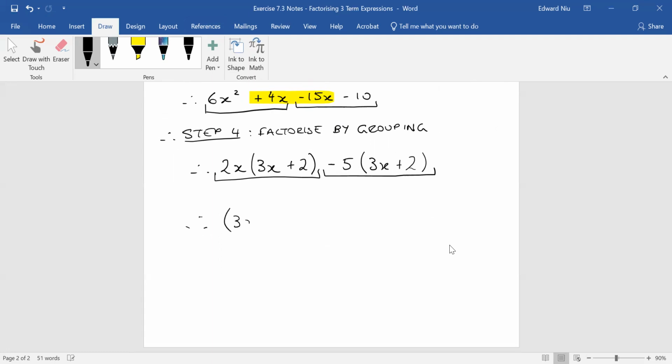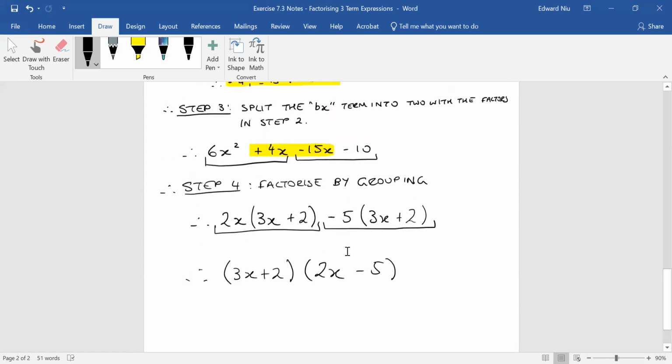So we would have 3x plus 2. Okay, and then we take the contents of the outside of the brackets and make it a bracket of itself. We would have 2x take away 5. Which one comes first and second? It doesn't matter, all right, as long as we have 3x plus 2 and 2x take away 5 in each bracket, we have done this correctly.